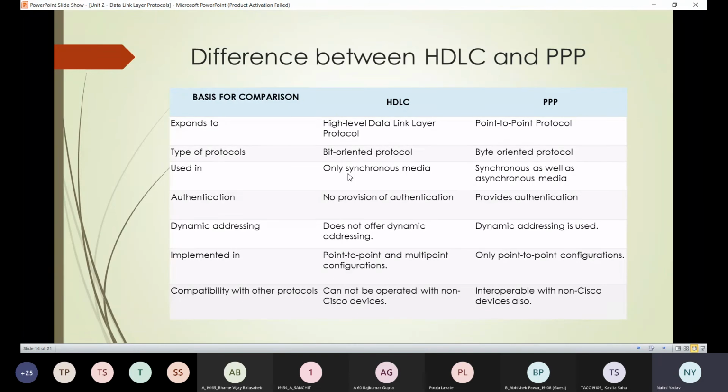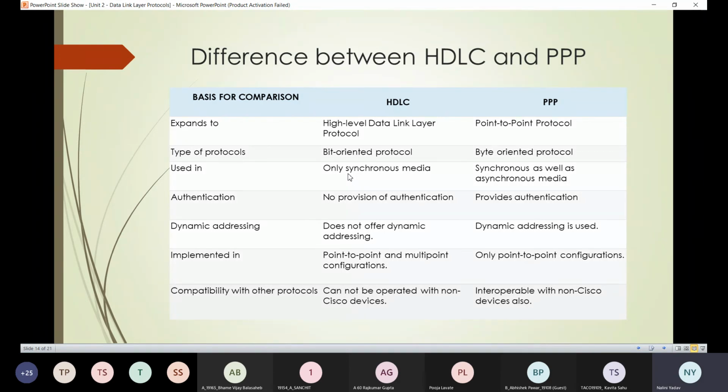No provision of authentication in HDLC. PPP supports authentication. Dynamic addressing is not offered in HDLC, but it is offered in PPP. HDLC is implemented in point-to-point and multi-point configuration both. PPP is only available for point-to-point configuration.